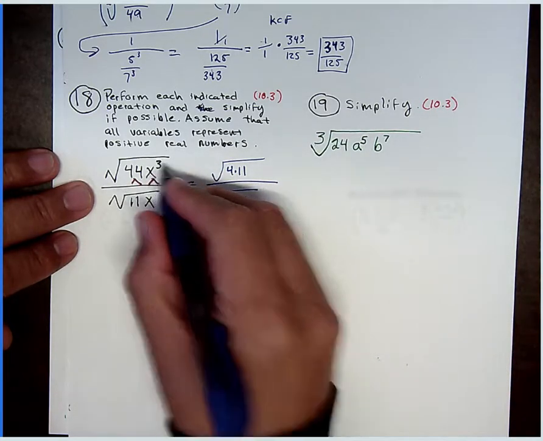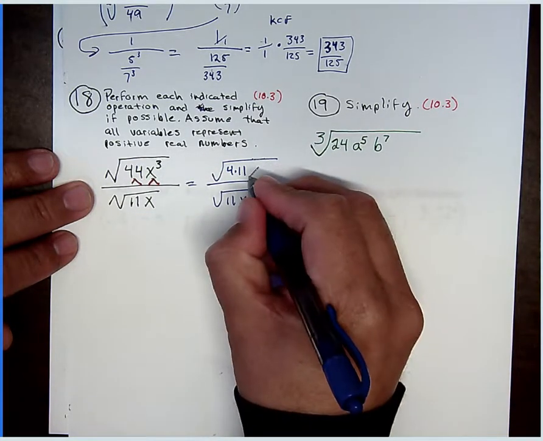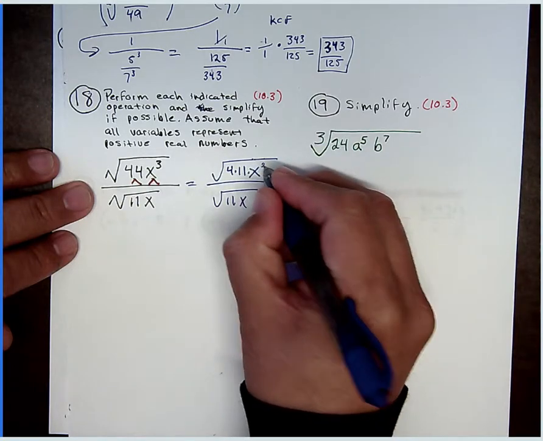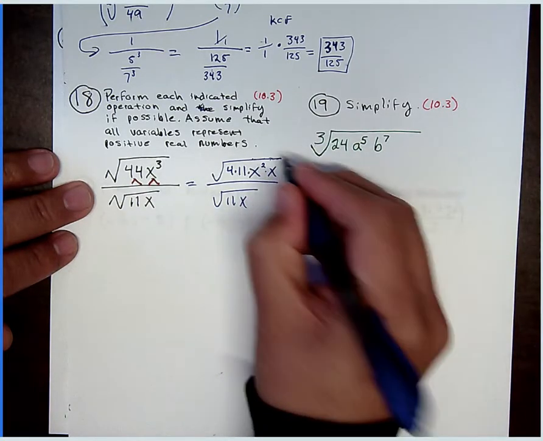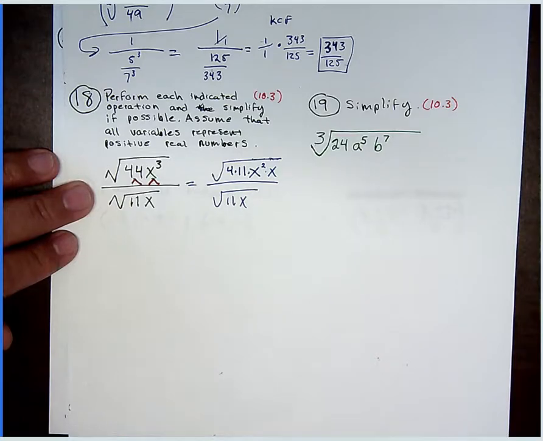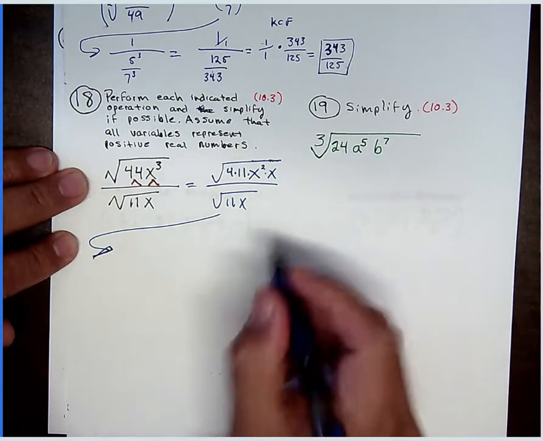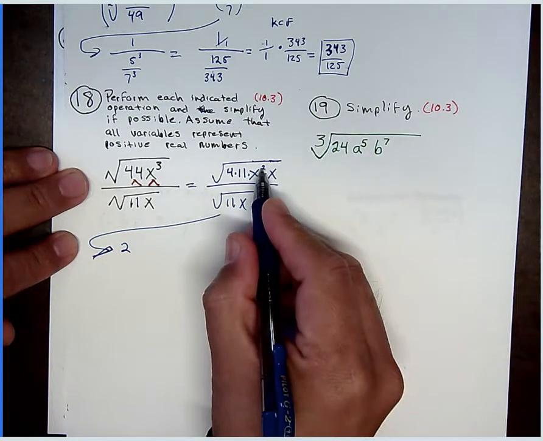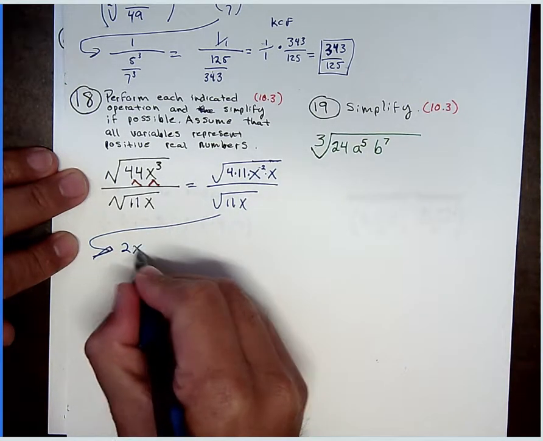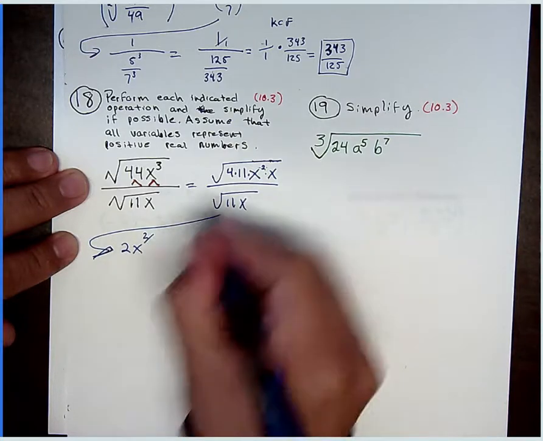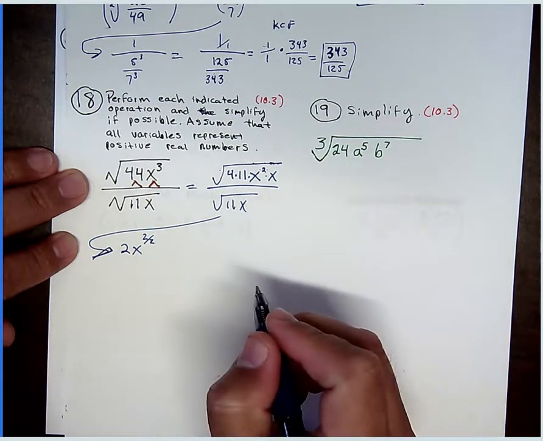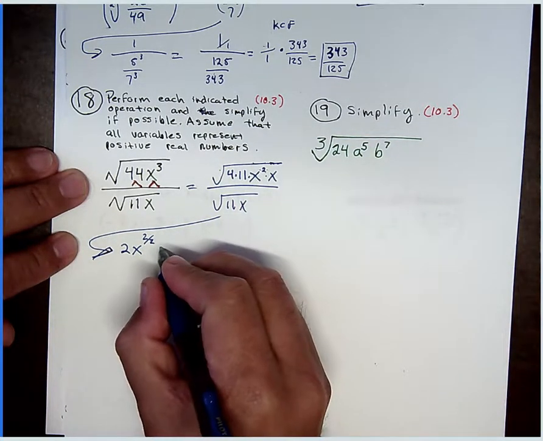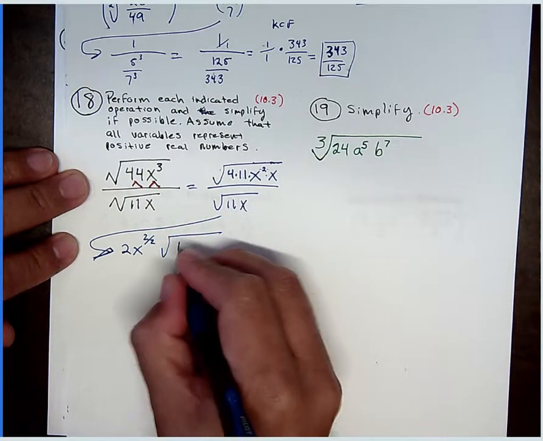This one again we're gonna split also into x squared times x. Alright, so we know the square root of 4 would be 2, and this one would be, so the power goes on top and then the index goes on the bottom, and that one goes outside. What's left inside? The 11 and the x.